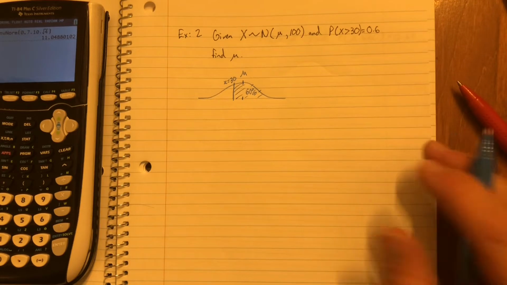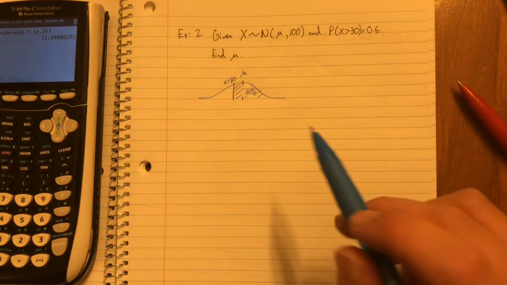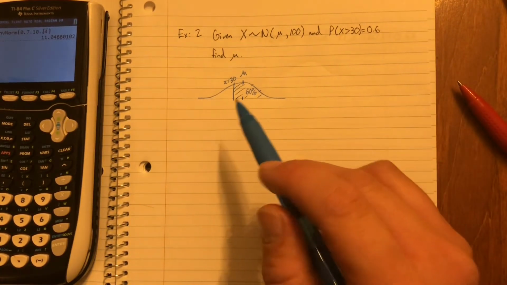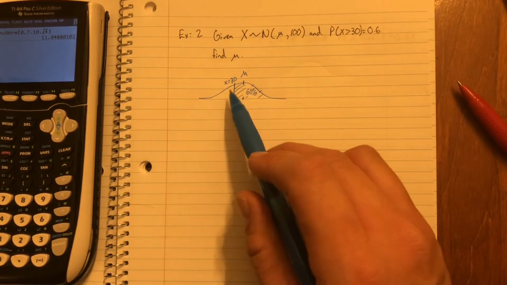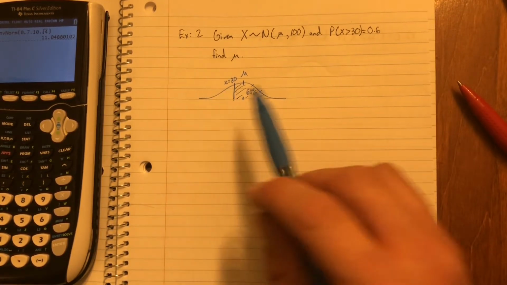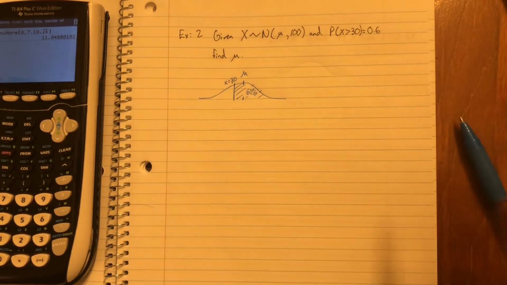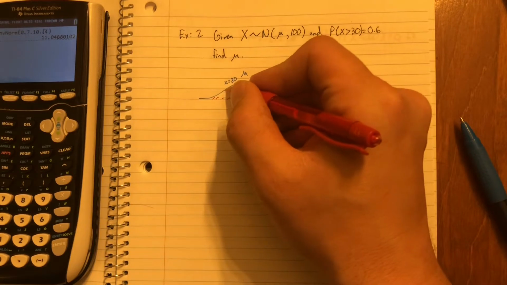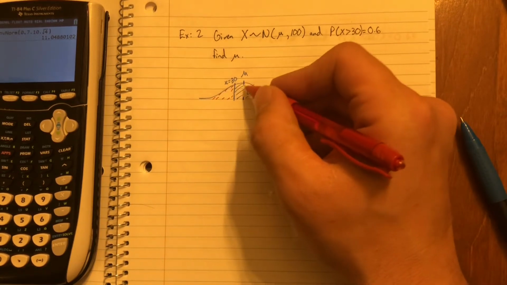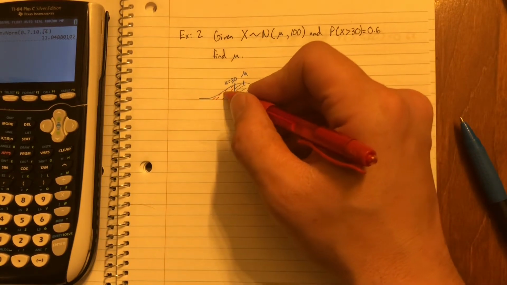Now, one thing about the inverse norm function is it's left-tailed. So when you enter in an area inside that wizard, it's asking for the area of this left tail. Fortunately for us, that's just the complement area. So this complement area here, well, if this region is 60, then this region is 40.